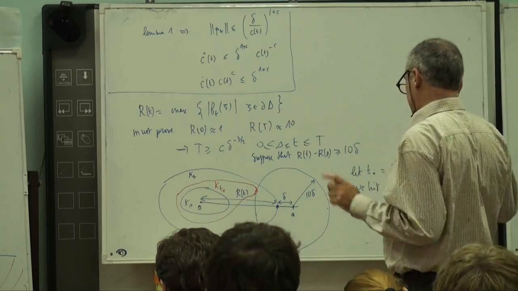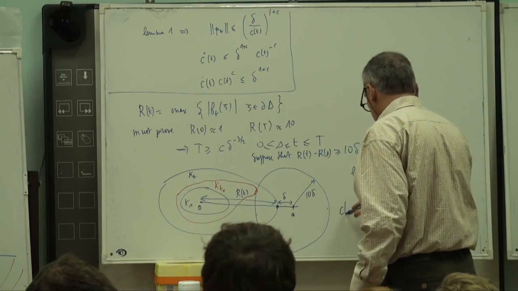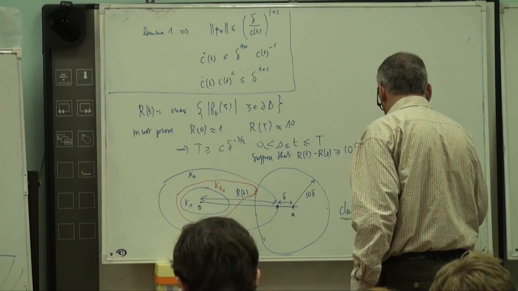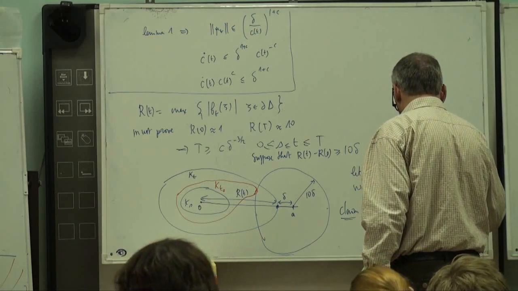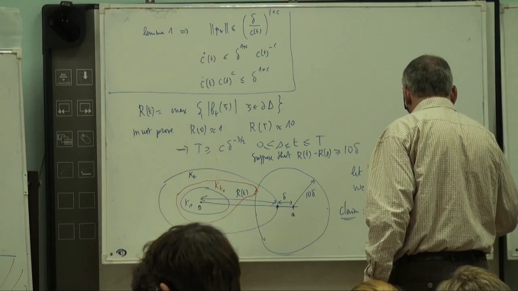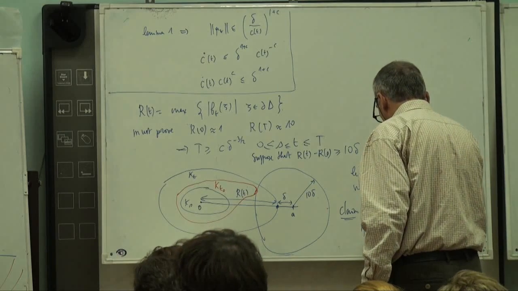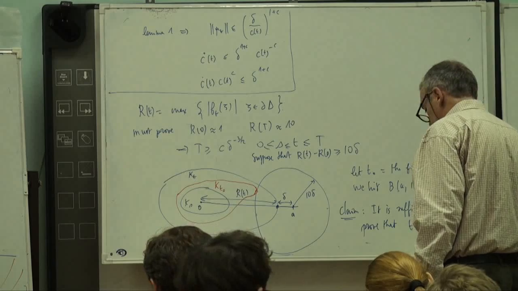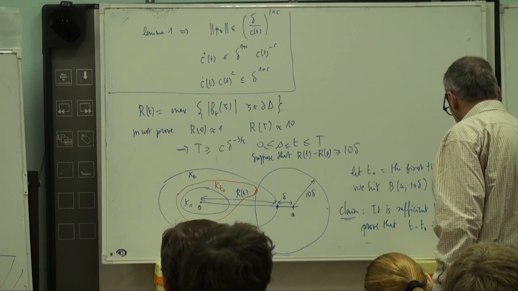So now I claim it is sufficient to prove that t minus t0 is greater than delta to the power minus 1/2.